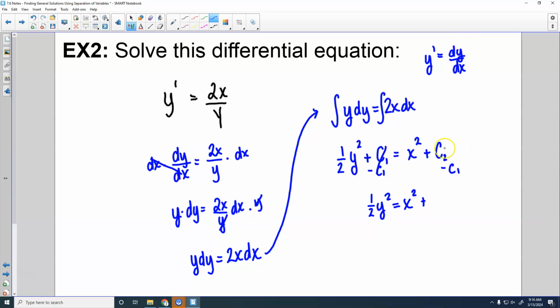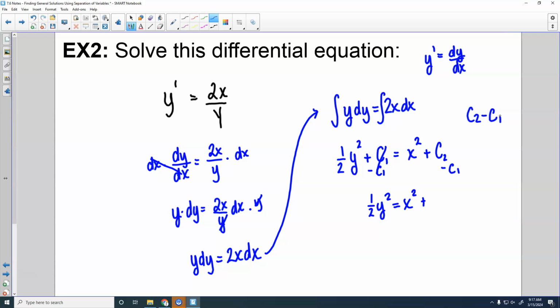All right, now if I subtract C2 minus C1, it's an unknown quantity, right? If I have an unknown quantity minus another unknown quantity, what am I going to get? Another unknown quantity, because if I had C minus C, I would get 0.